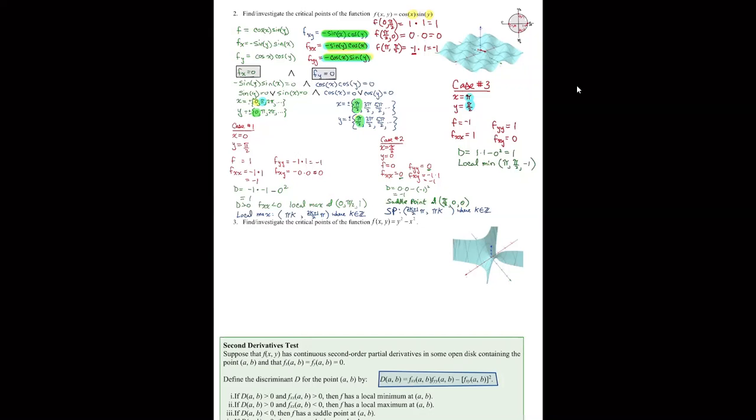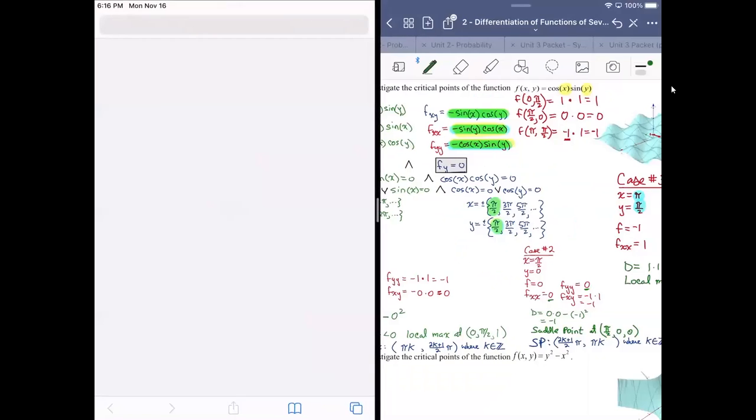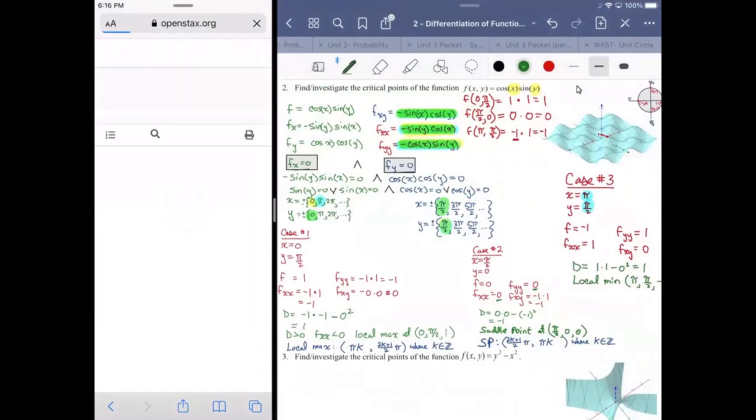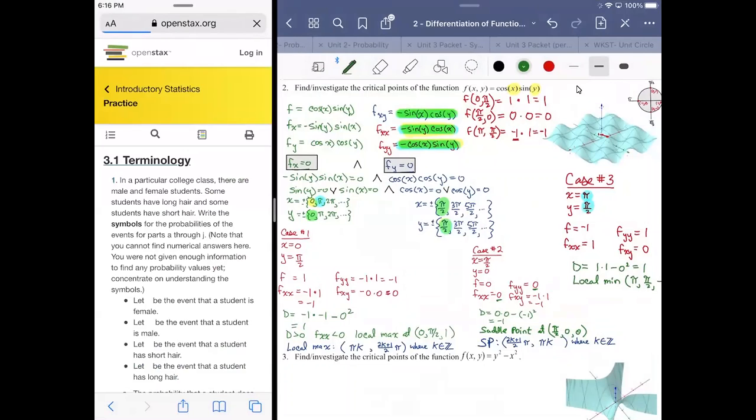So what we can do is kind of just a quick exploration here, and that could be just a simple matter of making a table of values. All right, so I'm going to get out my Desmos calculator and show you what I'm talking about here. Not OpenStax, Desmos.